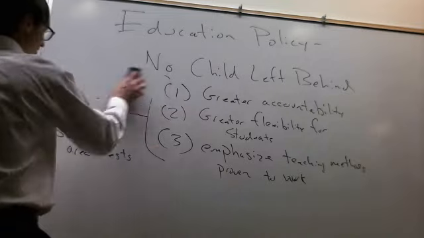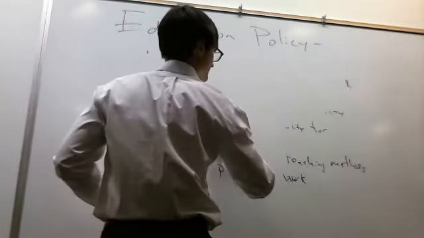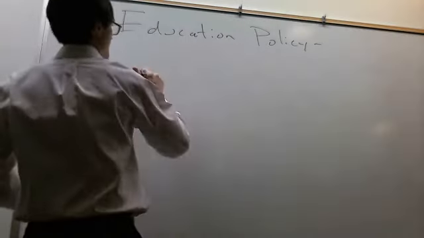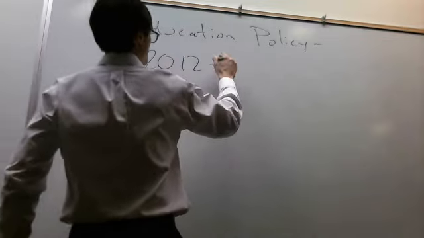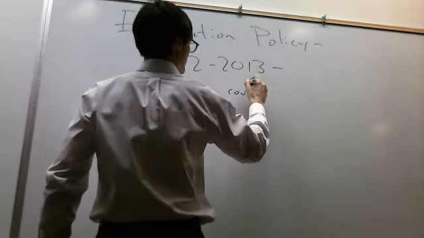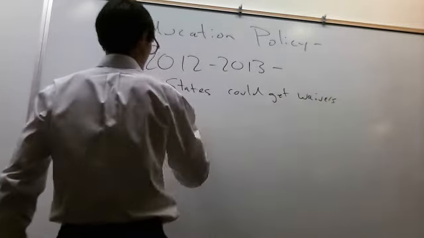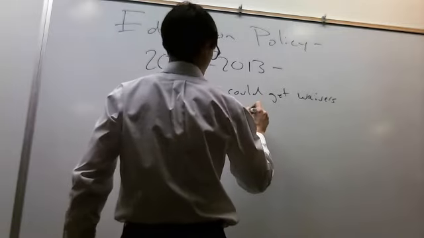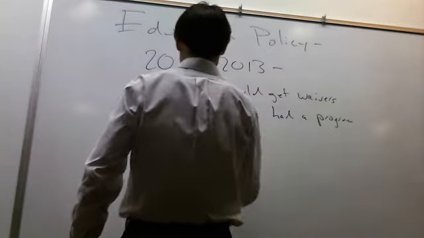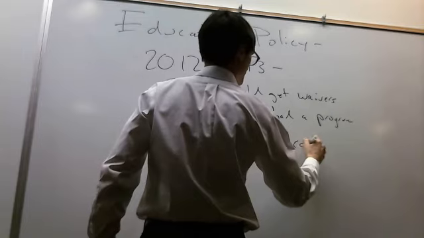So as a response to these criticisms, the new approach, starting in 2012 to 2013, was that states could get waivers as long as they had a system for college and career readiness.